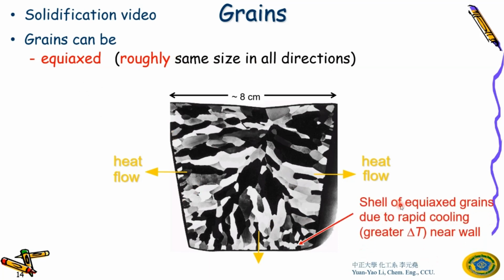The shape of the equiaxed grains is due to rapid cooling. If you have very quick cooling, you get equiaxed grains.